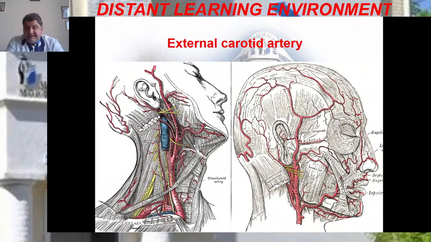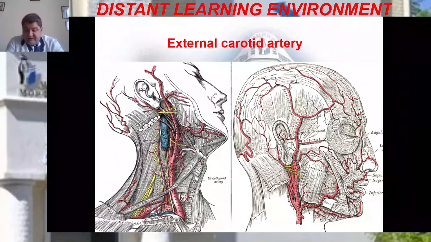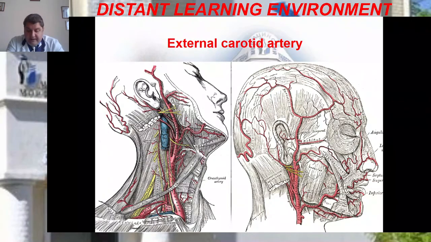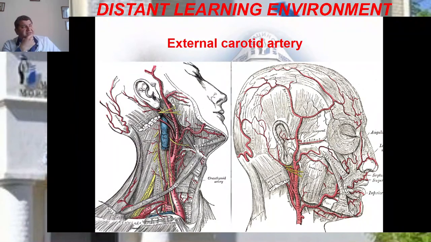Also, it gives branches to the soft palate, the palatine tonsil, and the Eustachian tube between the tympanic cavity and the nasopharyngeal region, and also to the tympanic cavity.